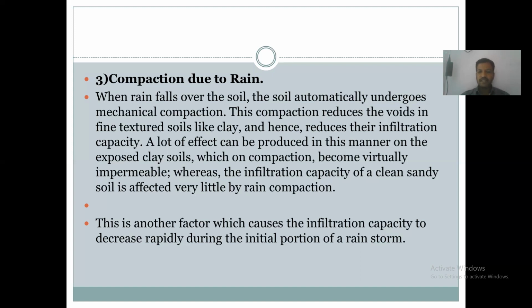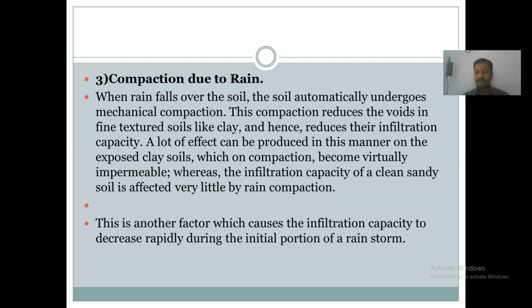Due to which it reduces the infiltration capacity. What will happen? The voids present in the clay layer will get pressed. What will happen to the voids? Voids present in the soil will be filled up.